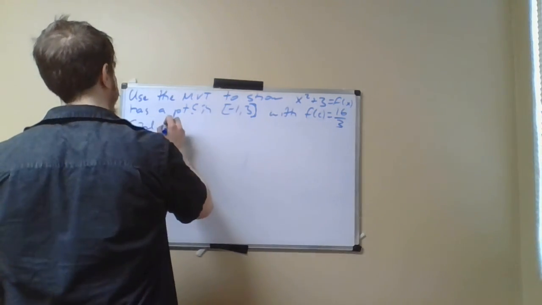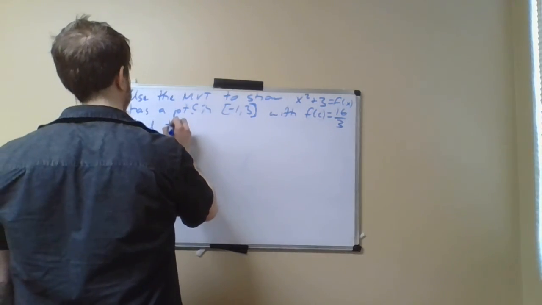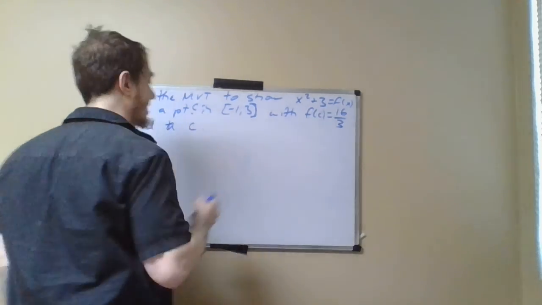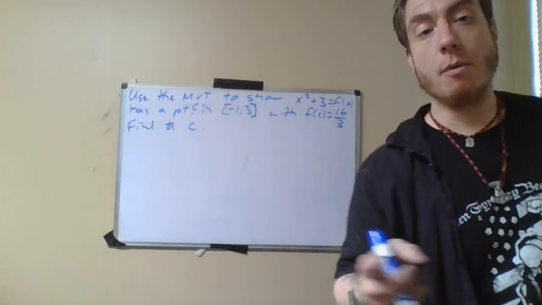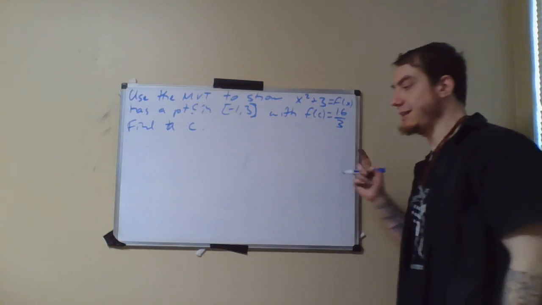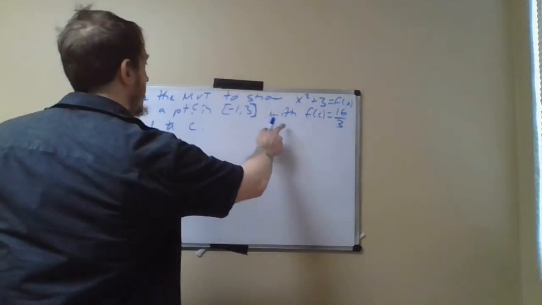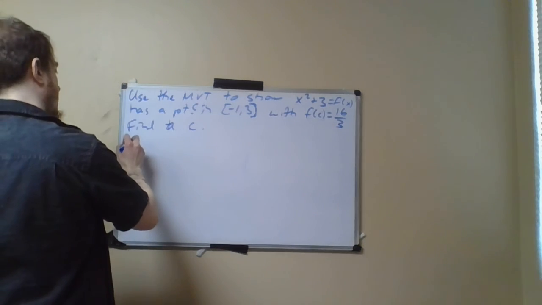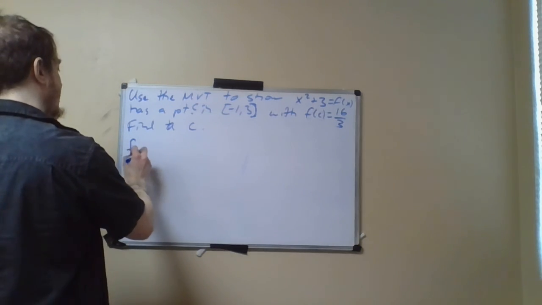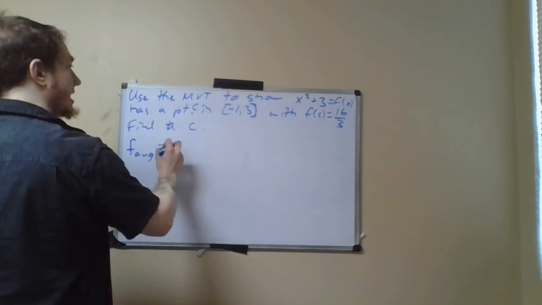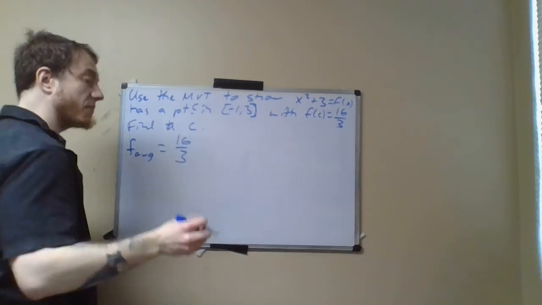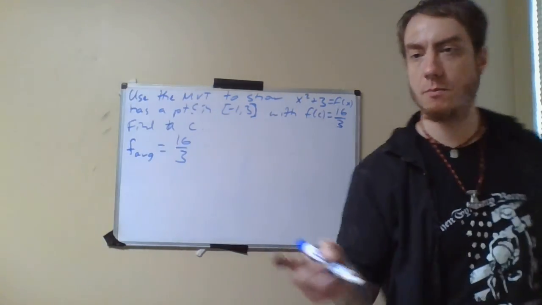And then we could ask to find an example of such a C. Now, remember, the mean value theorem says there's at least one point, but there could be more than one. Well, what we know here is that the average value is equal to 16 over 3. We found that in our first example here.